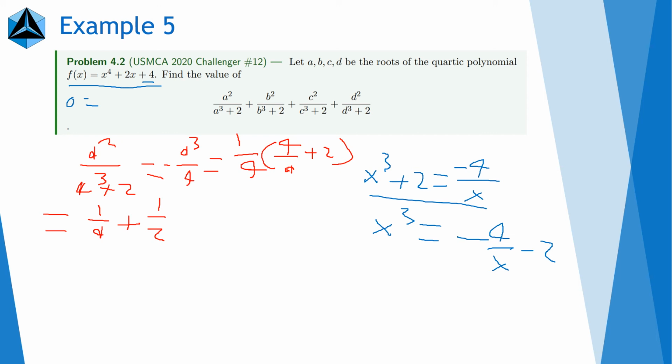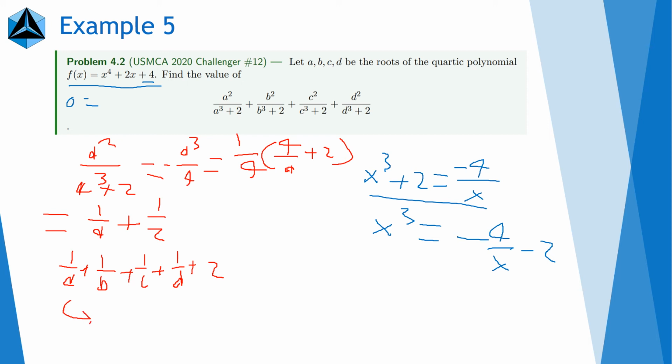We can apply the same logic on the b and the c and the d one. And so what we really need to solve is 1 over a plus 1 over b plus 1 over c plus 1 over d plus 2. If you remember the 1 over alpha plus 1 over beta problem, let's try combining denominators.